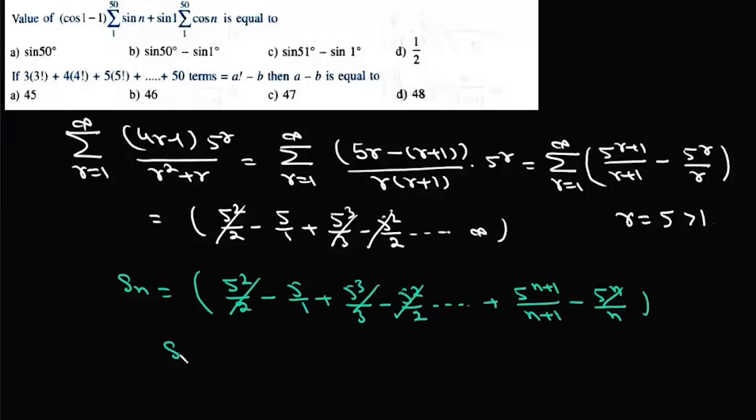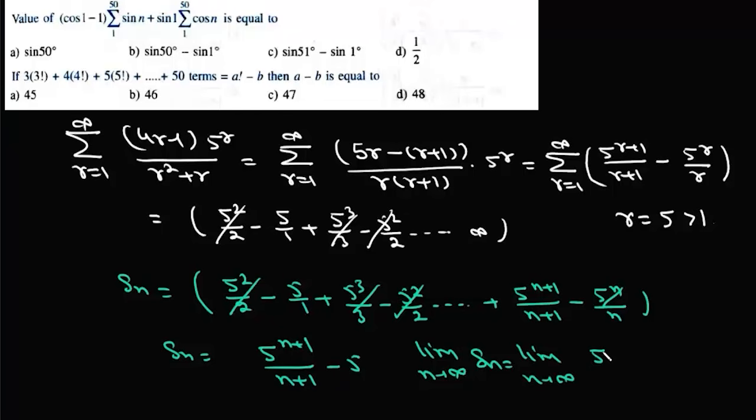So in the end, we'll have Sn as 5 to the power n plus 1 upon n plus 1 minus 5. Now if we take the limit n tends to infinite, Sn will be the limit n tends to infinite of 5 to the power n plus 1 upon n plus 1 minus 5.